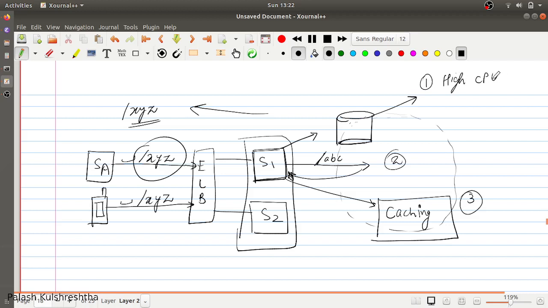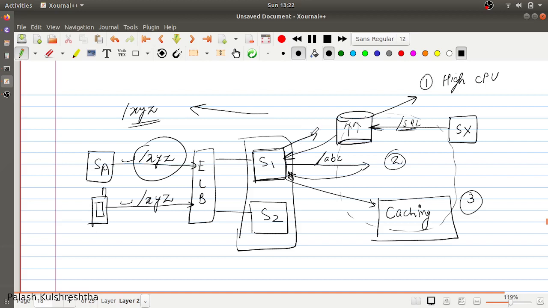That can be because of any external query. By external query I mean there is another service SX which is calling our database, and it is sending some bad SQL queries, which are increasing the CPU utilization on our database, and it is leading to high CPU. And since there is high CPU on our database, it is leading to higher query times.